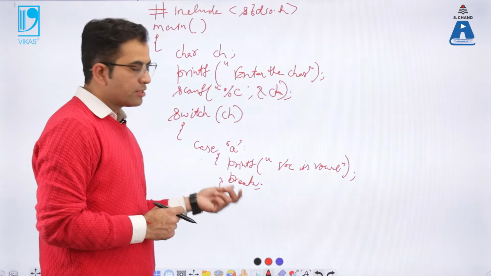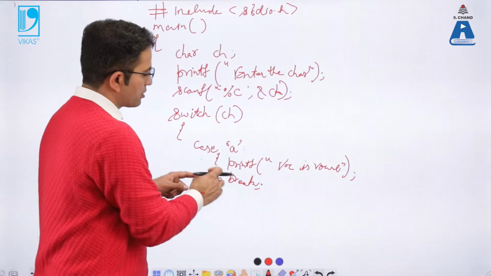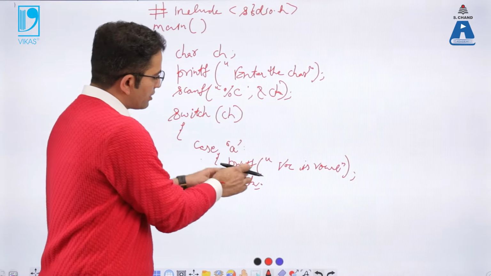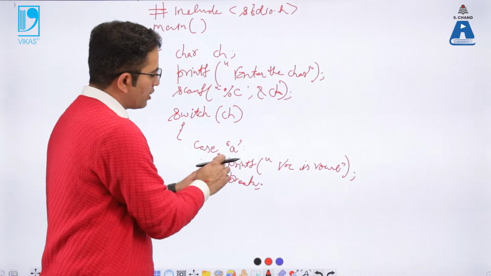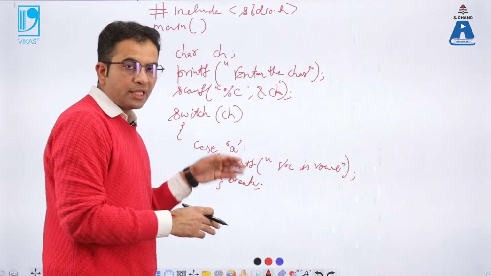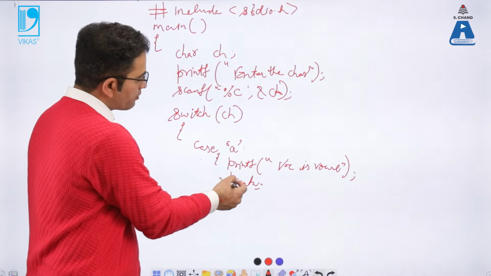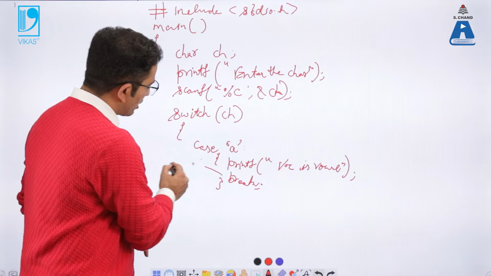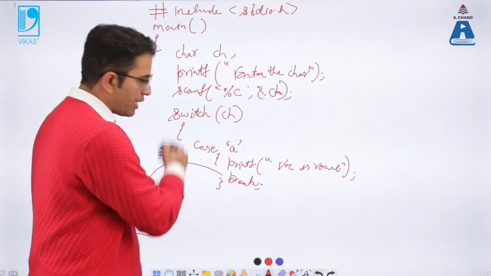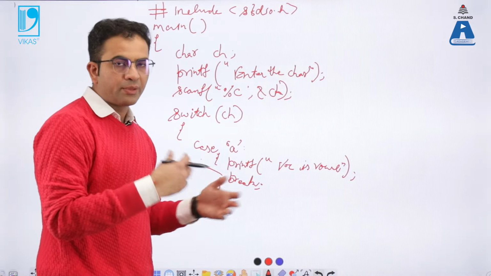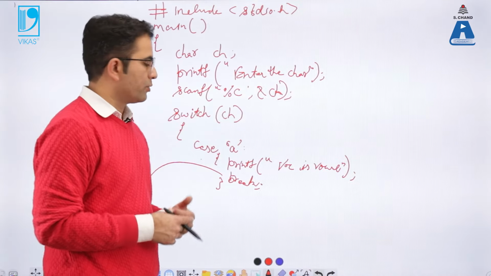This break is used to break this case. If we are inside this case and this is executed, now we don't want to go in the next case, so we have to break this particular statement. So when this break comes, my control comes out from the switch case and my program stops working. It will give you the final output.